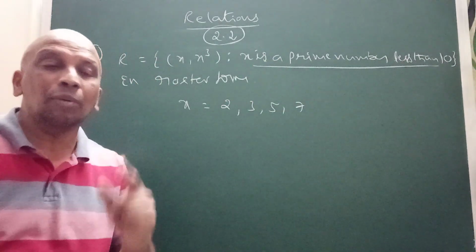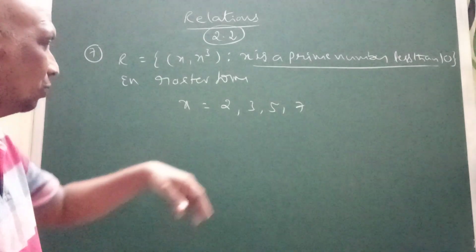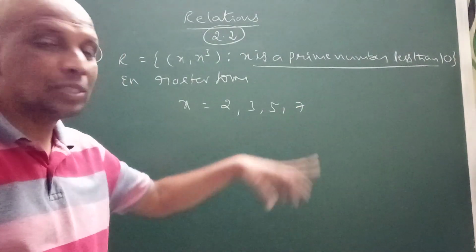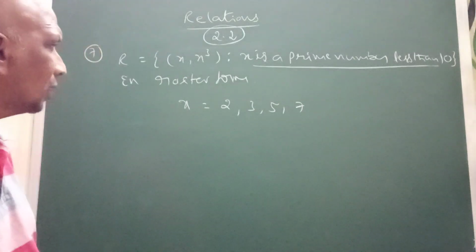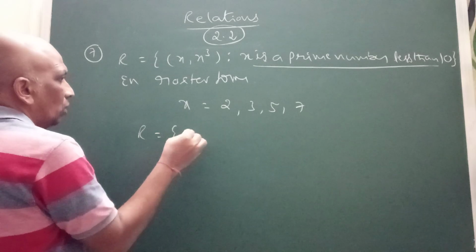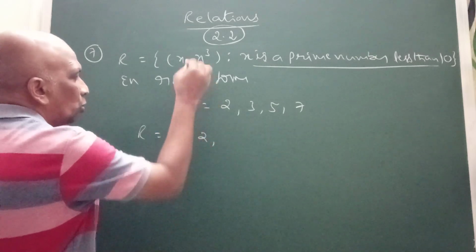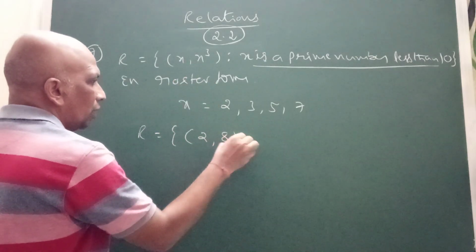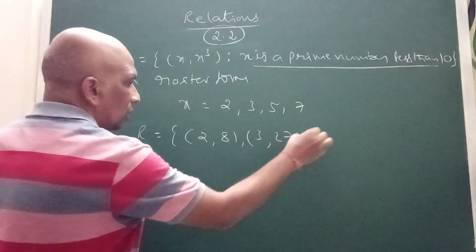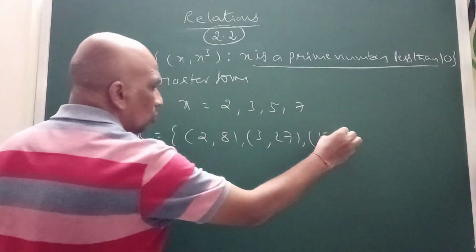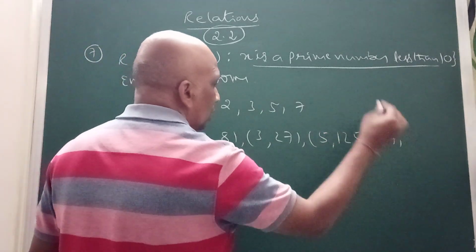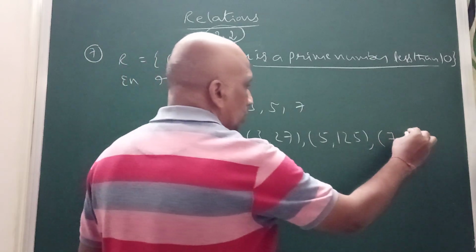Only these are the four numbers which are prime numbers less than 10. Now if you write (x, x cube), think about this one: 2 cube is 8, 3 cube is 27, 5 cube is 125, and 7 cube is 343, right?